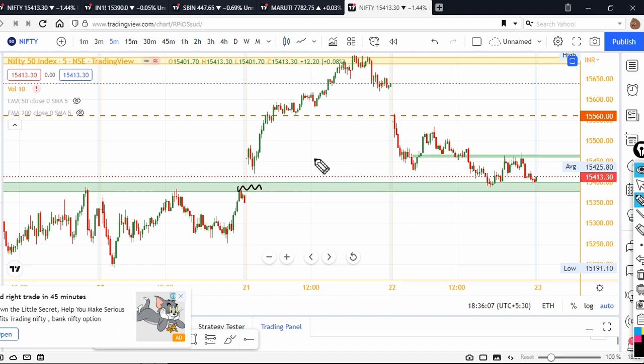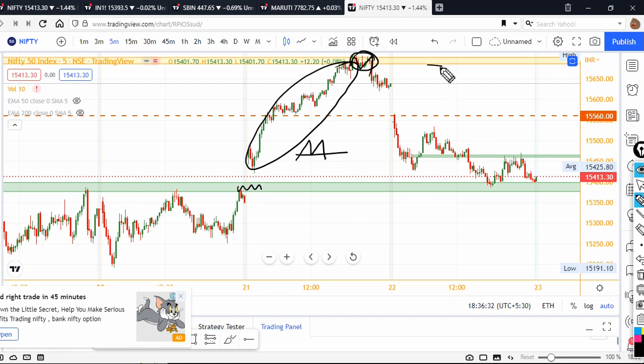I told you a very simple concept: go to the 5-minute time frame, and whenever the market forms this kind of pattern and breaks out, typically a double top pattern, you have to exit. You could have ridden the profits the entire day. It was during the last half hour that the market formed a double top pattern.